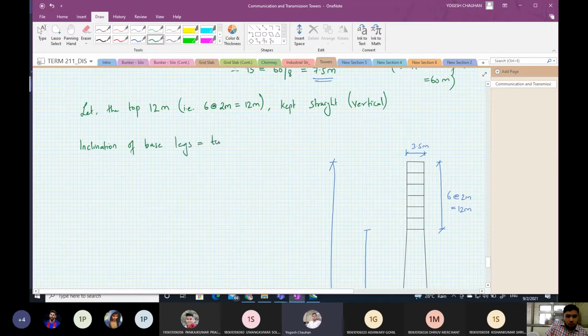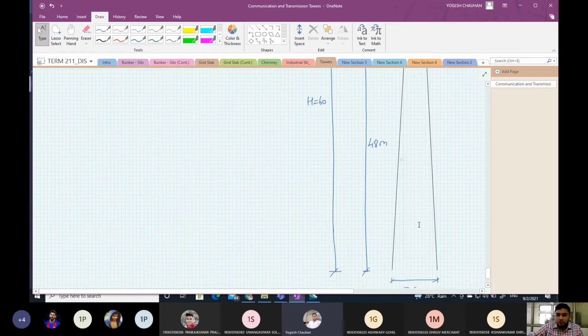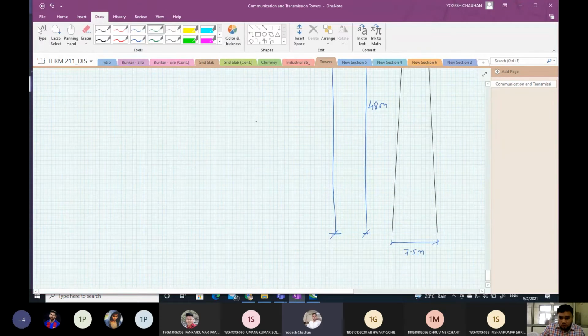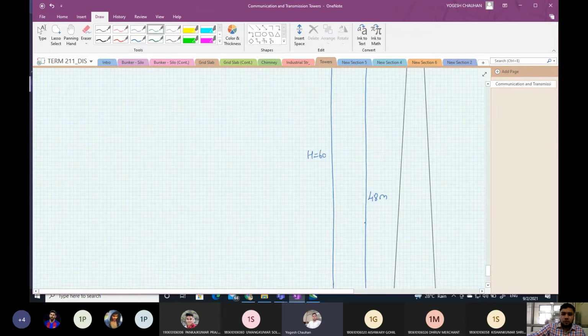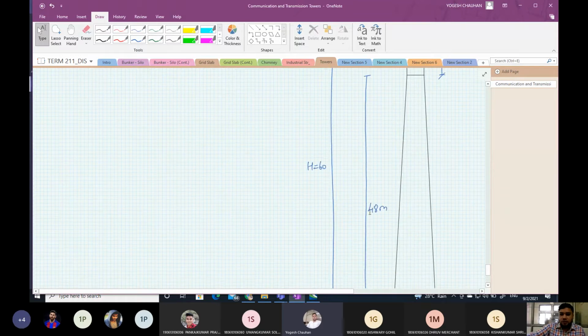Tan theta will be equal to half of the width difference, 7.5 minus 3.5 by 2, divided by the height of the inclined portion, that is 48 meter.